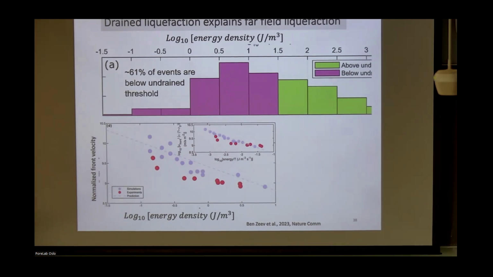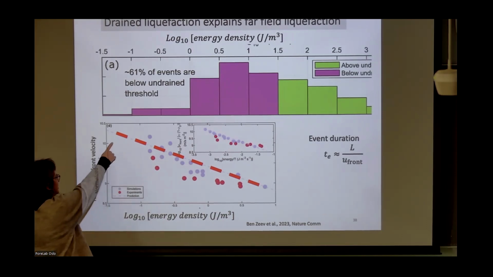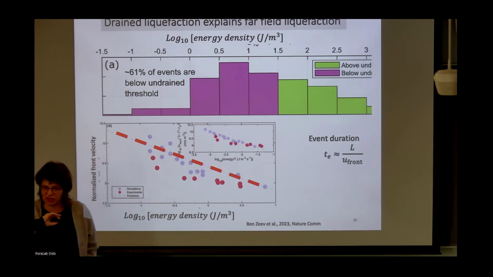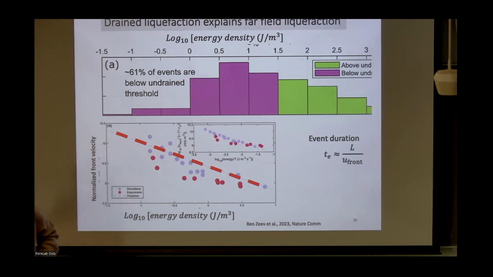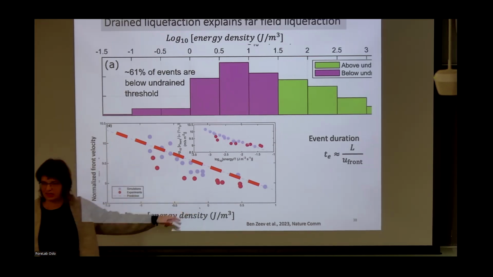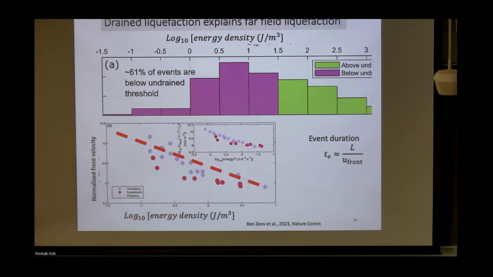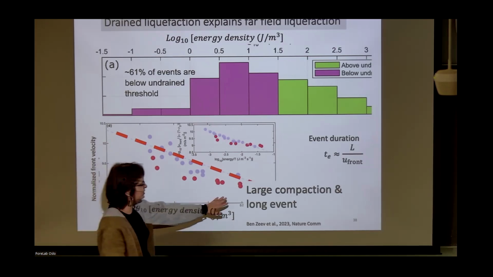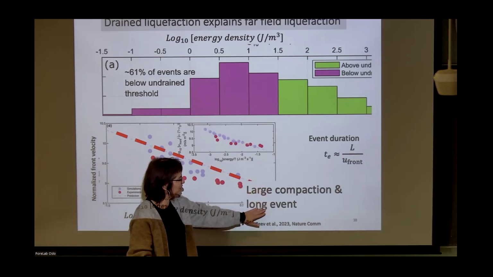We can explain this plot that we see in the experiments and the simulations, and we can also say something about the event duration, which depends on the front velocity. In this very fast front, the event is very fast. There is hardly any liquefaction. It goes like zoom. In this regime, down there, the front velocity is slower, and you have longer liquefaction and larger compaction. The higher the energy, the larger the compaction and the longer the events.